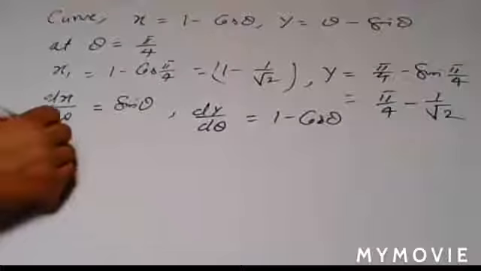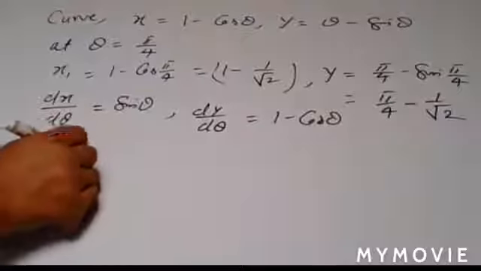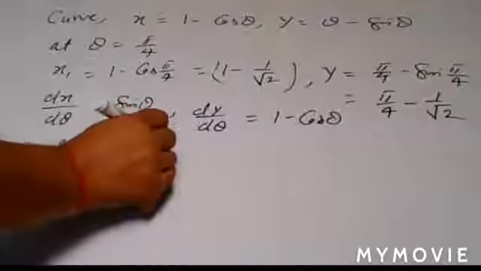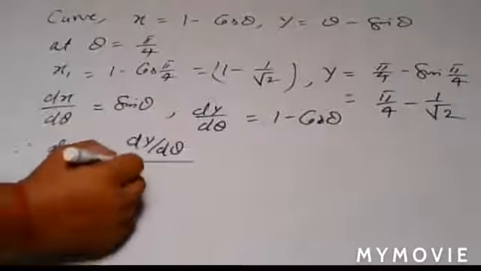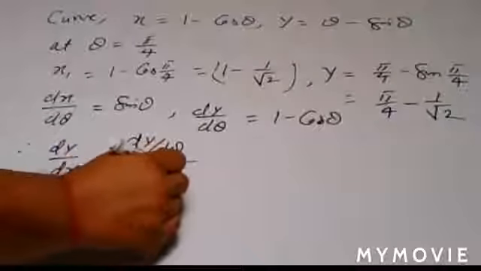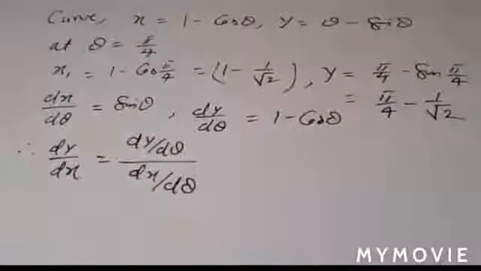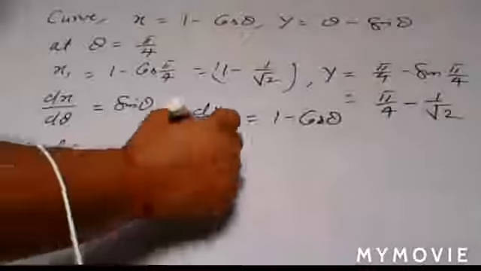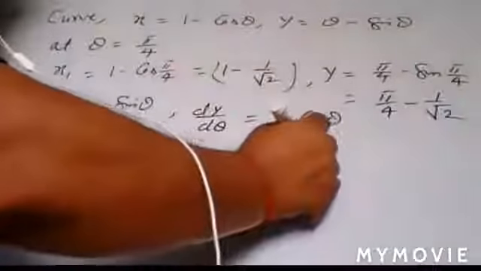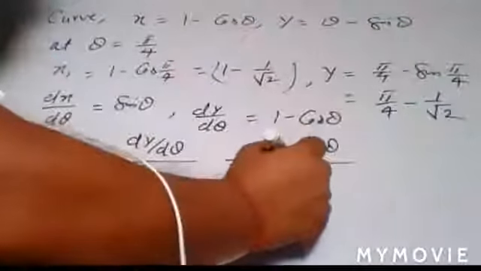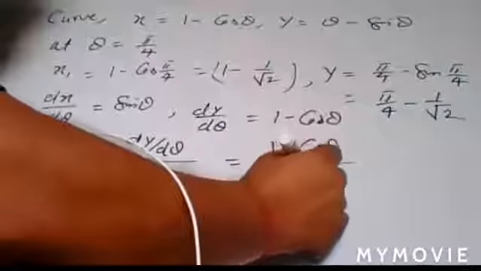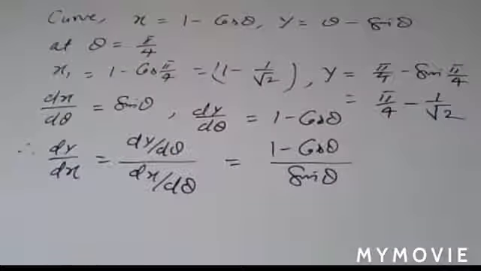Now you find the value of dy by dx, which is dy by d theta upon dx by d theta. Putting its value, 1 minus cos theta divided by sine theta. That gives the value of the derivative.